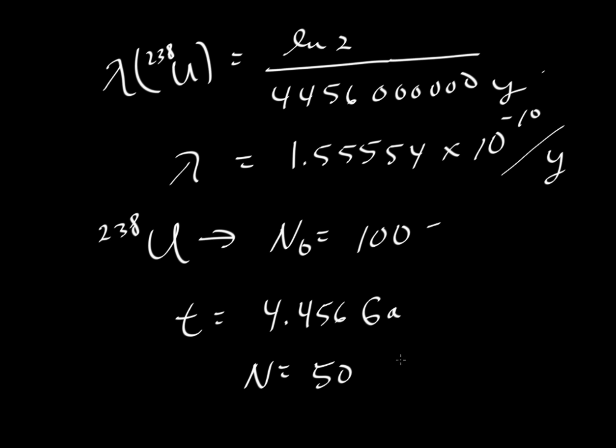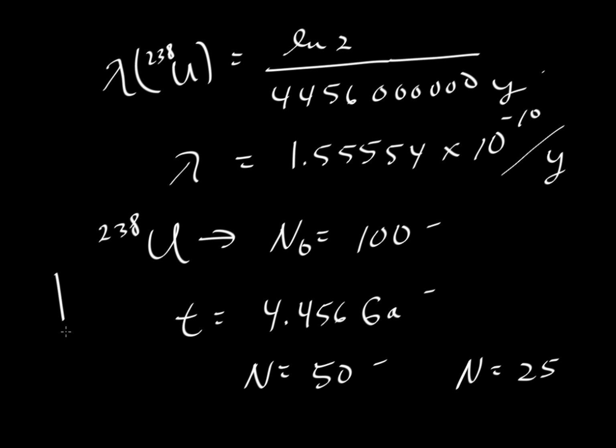So we'd start out with 100, and after one half-life, we would have 50 left. If we went through 2 half-lives, which is pretty close to 9 billion years, then we would have about 25 left, and so the number of atoms would keep being cut in half over and over again.